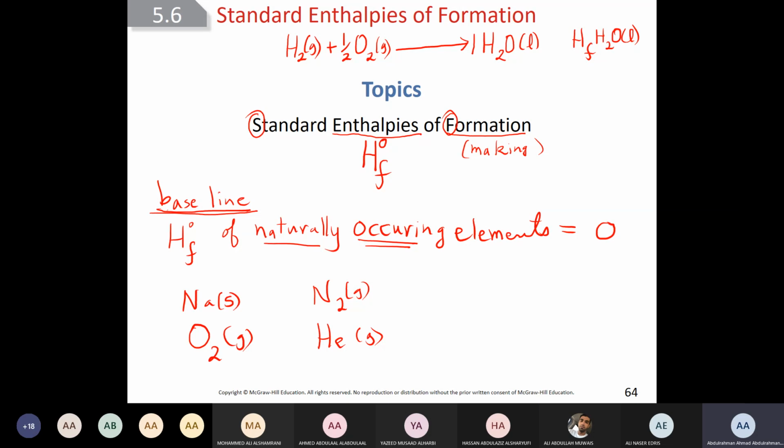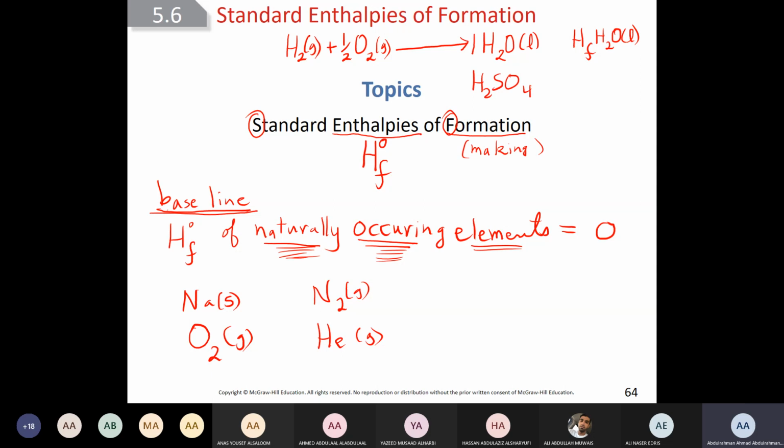So if you want to calculate the heat of formation of anything, make it from what? From which elements? Its constituent elements, naturally occurring. All right?